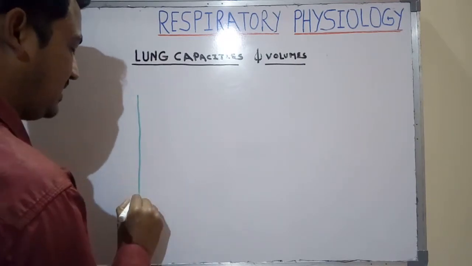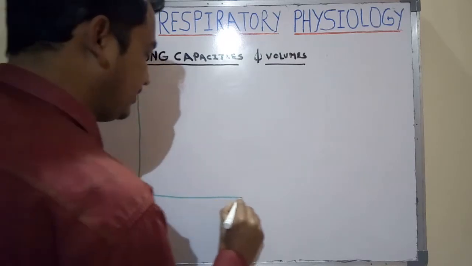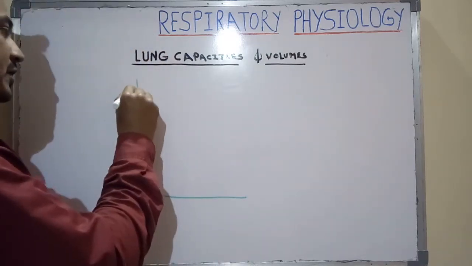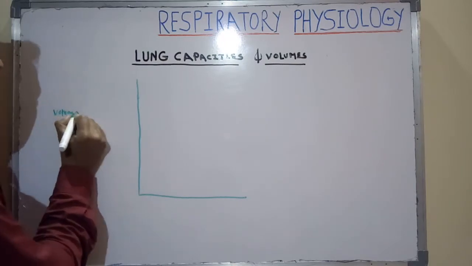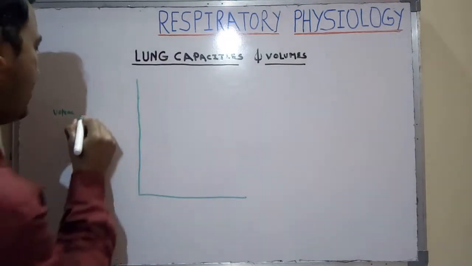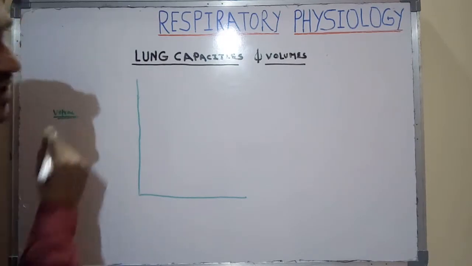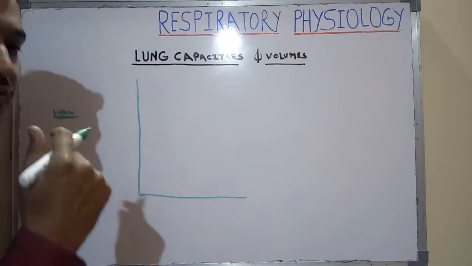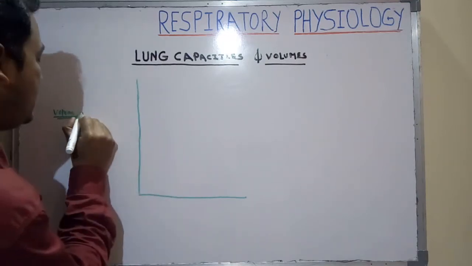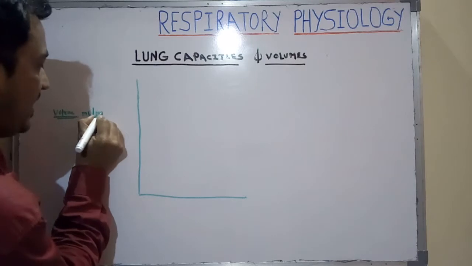This vertical axis is for volume, in ml per kg. Let's talk in ml per kg because different persons have different body weights, so the volumes depend on body weight.